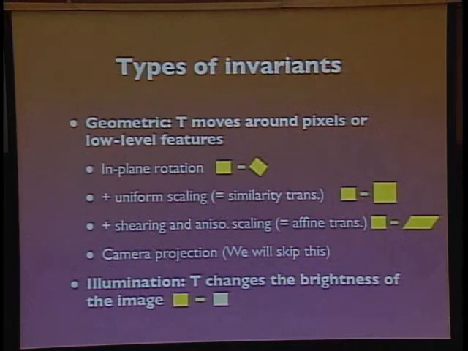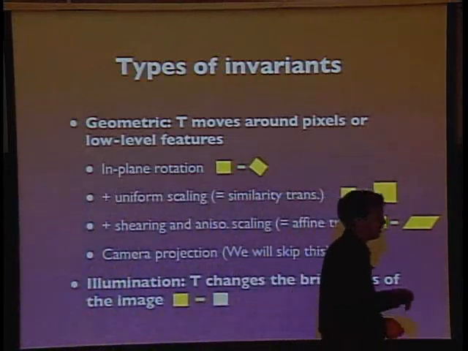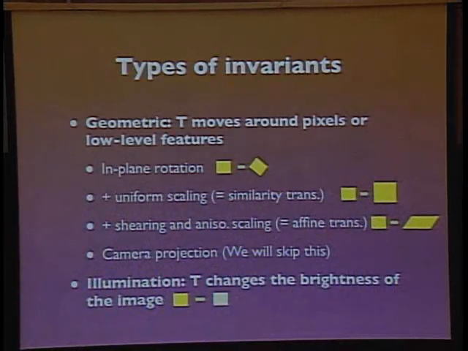So what I told you is that we try to construct a feature function that is invariant to some set of transformations T. Let's talk about what that set of transformations T could be. The first set, which is probably the most prominent, is what's called geometric transformations. What T does is it basically maps coordinates to coordinates, or in other words, it maps pixel locations to pixel locations.